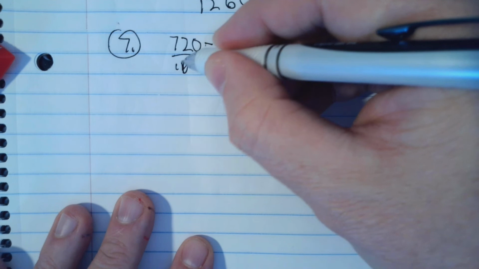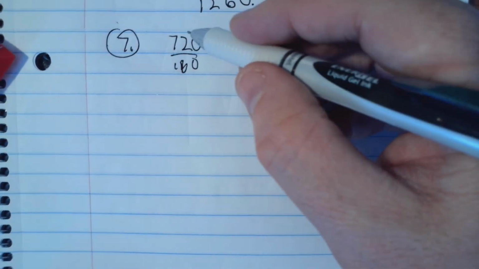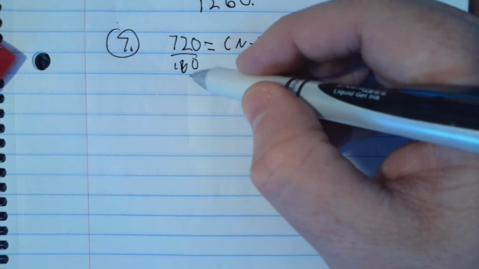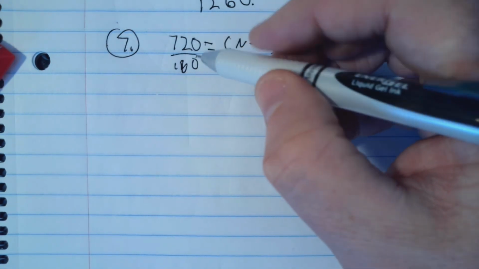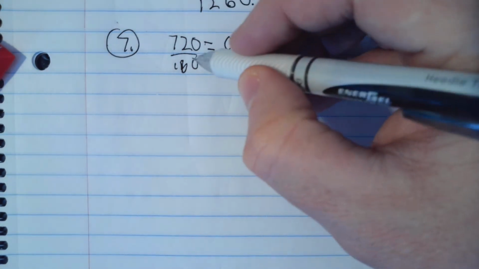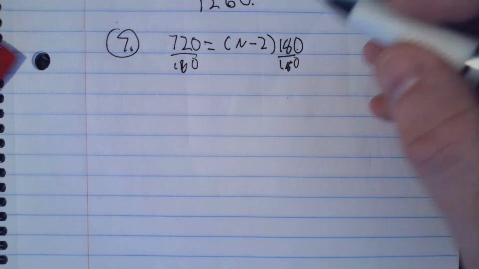I don't really want to do the distributive property. You're allowed to do this, so I do this first. So we know 180 goes into 720, what is that? 6 times? 5 times? Four times? One of those.